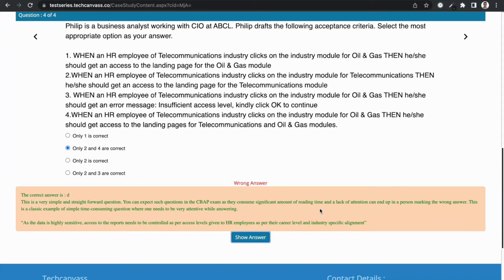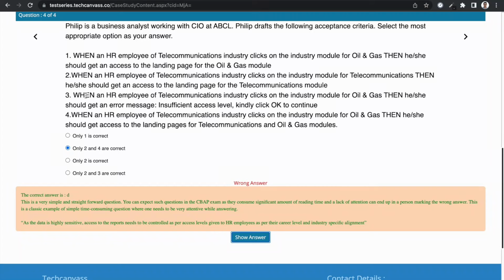Since the data is highly sensitive, access to reports needs to be controlled as per the access level given to HR employees as per their career level and industry specific alignment. This statement gives us the opportunity to understand that the correct answer is second and third only. The second says when an HR employee of the telecommunication industry clicks on the industry module for telecommunication, then he or she should get access to the landing page for the telecommunications module.